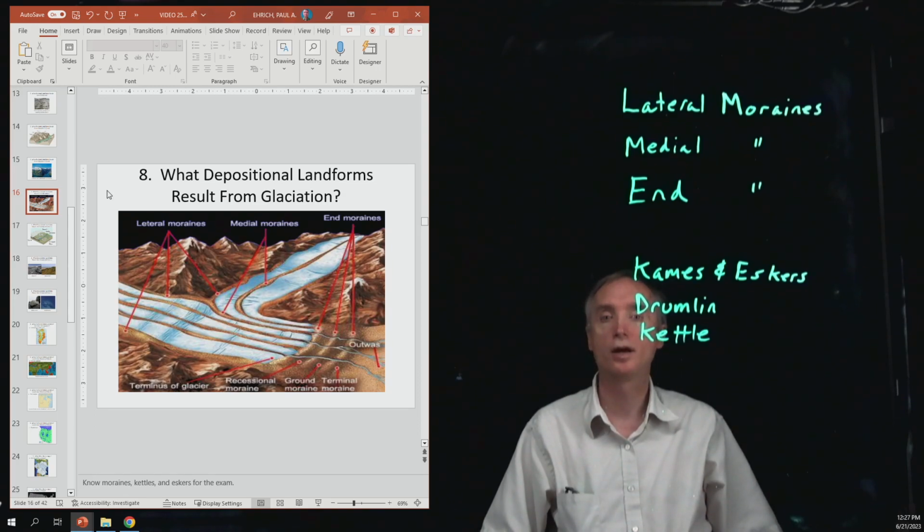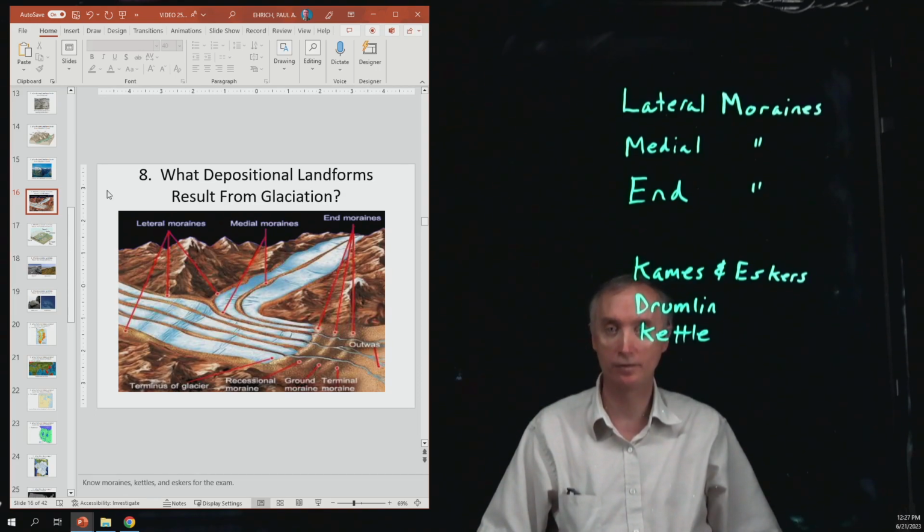We want to talk about what depositional landforms result from glaciation. We mentioned that rocks can be pulled from the sides of the valley that the glacier is flowing through, and that rocks could then be incorporated into the glacier and could then flow with the glacier downhill.